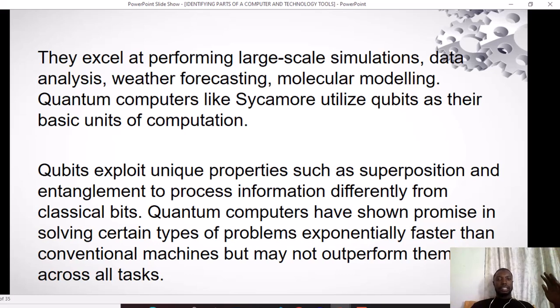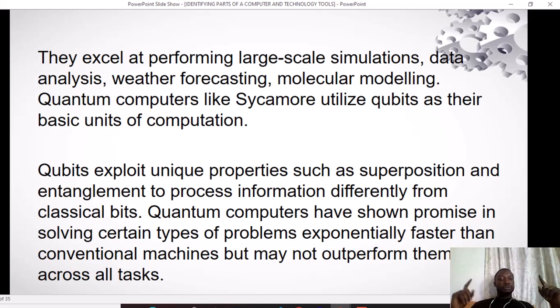We say quantum computers like Sycamore utilize qubits. I made mention of it where I said supercomputers use classical bits, and the quantum computers also use the qubits as their basic unit of computation. Qubits exploit unique properties such as superposition and entanglement to process information differently from classical bits.